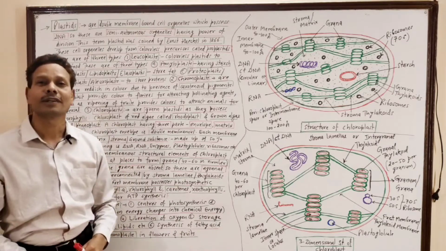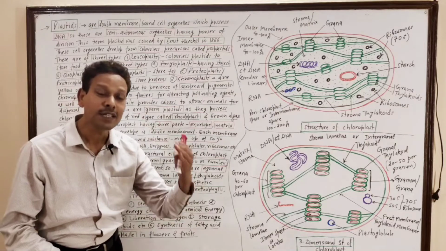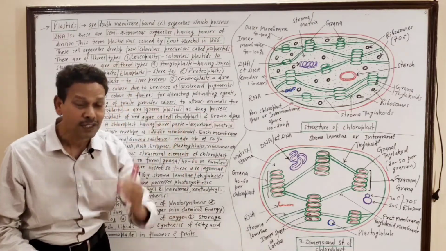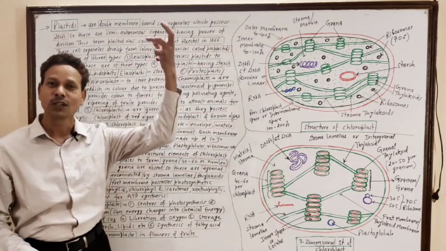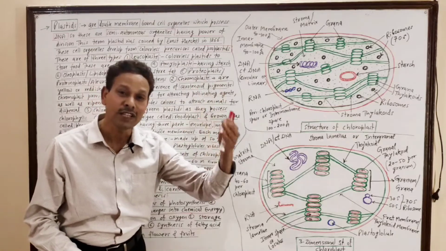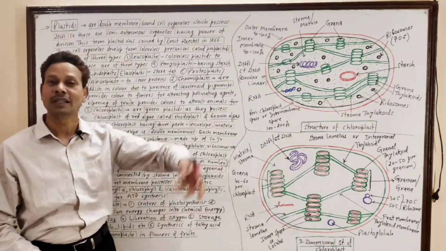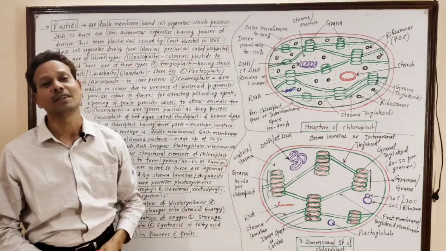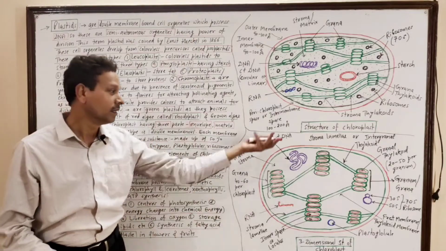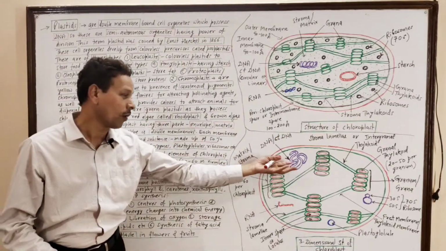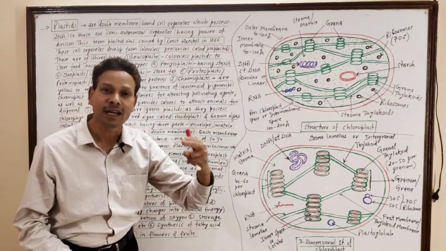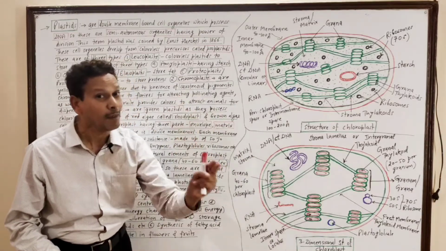Energy transduction. Chloroplast is the center of energy transduction. It means one energy is changed into another form. The light energy, sun energy, is trapped by this organelle, and that sun energy is converted into chemical energy.